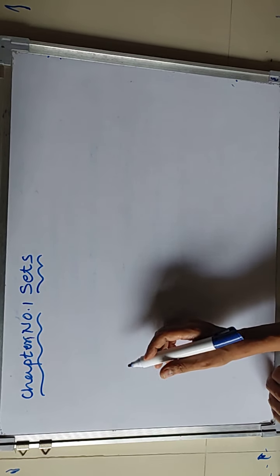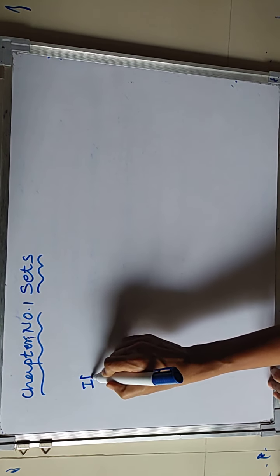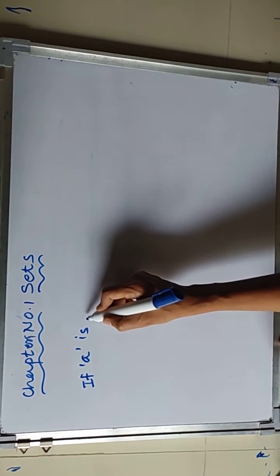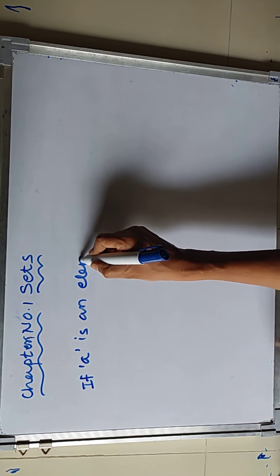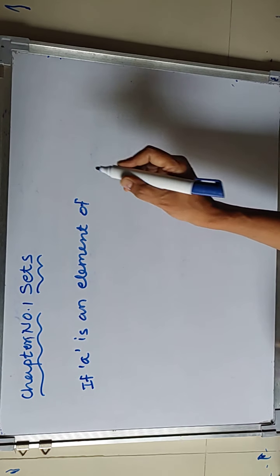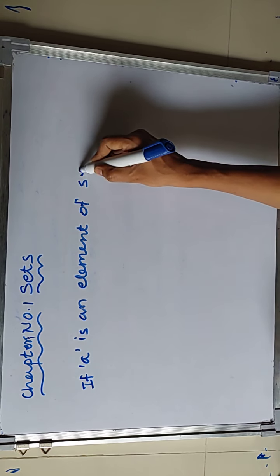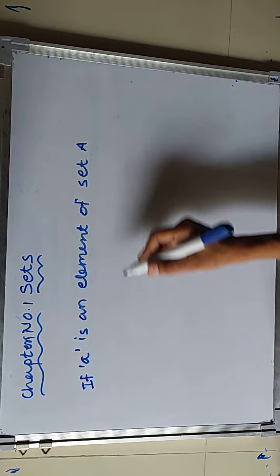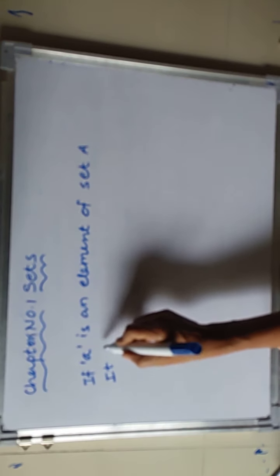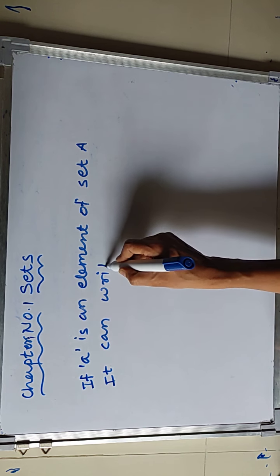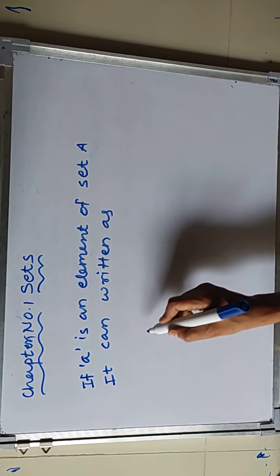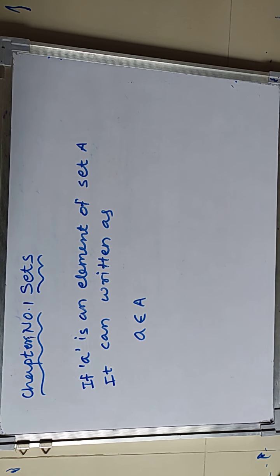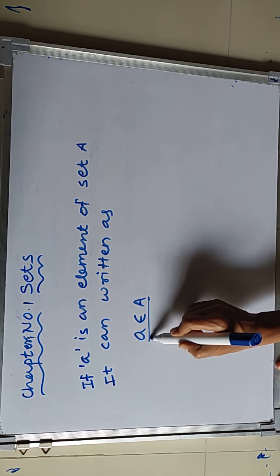Now if small a is an element of set A, it can be written as a belongs to A. You have to write it this way.